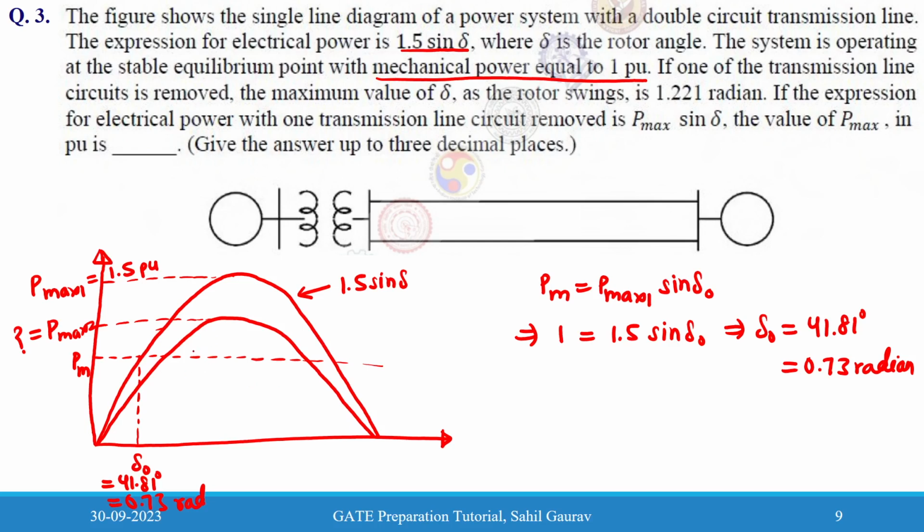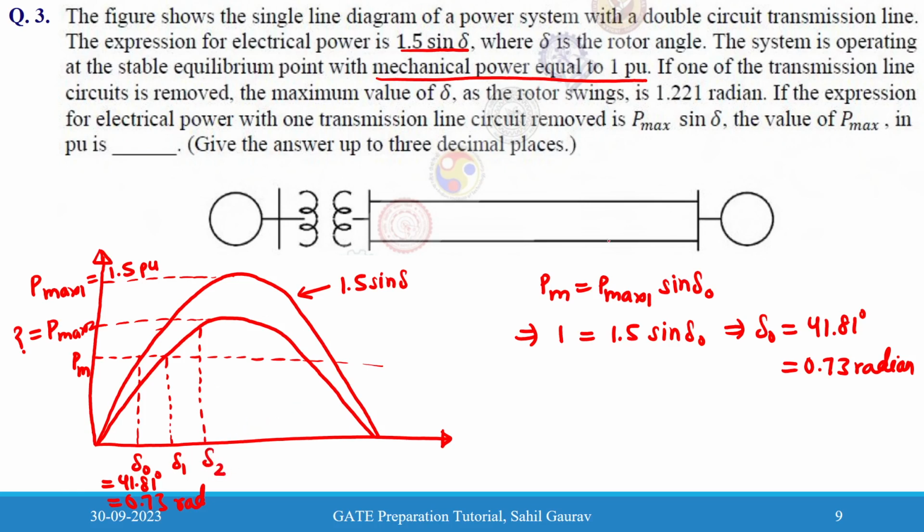Now, the steady state point after one line is removed is stable at this angle delta 1, because the mechanical power should be equal to electrical power for a steady state operating point. And suppose the rotor swings to the maximum value at delta 2.